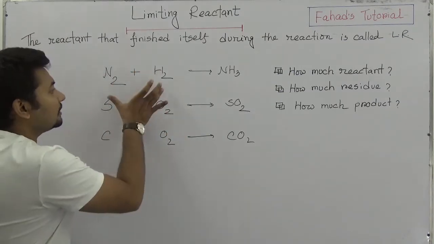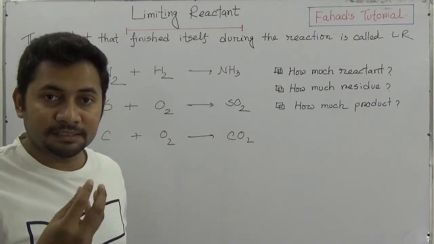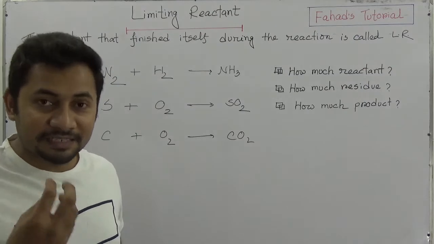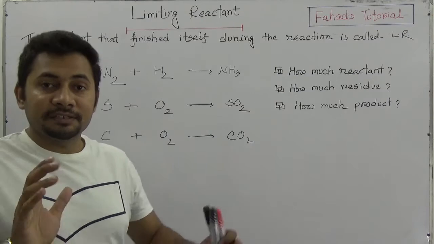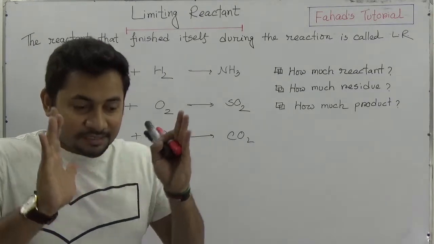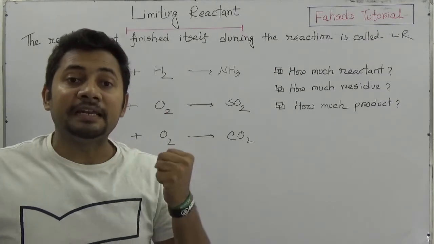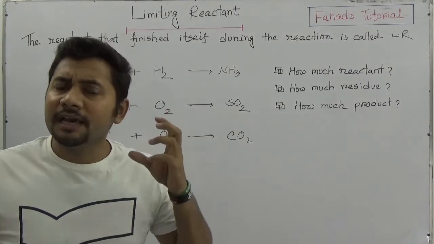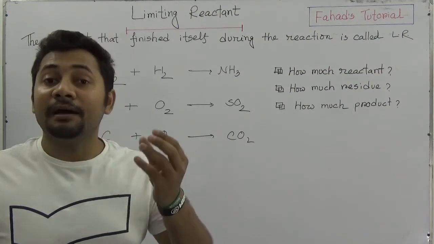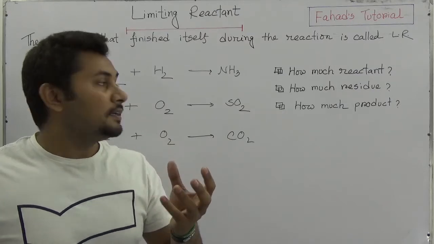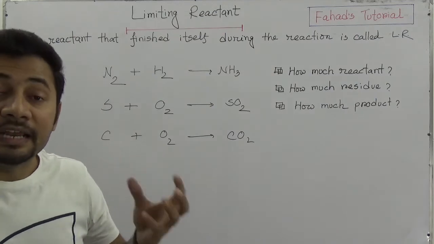Among the amounts given, one reactant will end by itself, and that reactant is called the limiting reactant because it is limiting the reaction, being the reason for ending the reaction. We will focus on finding the limiting reactant, the mass of a reactant that will be the reason for the ending of the reaction.